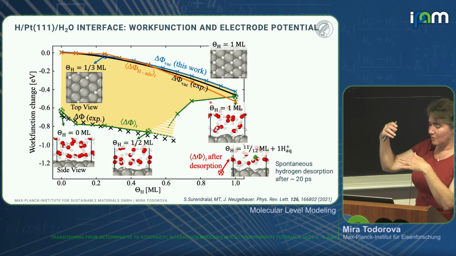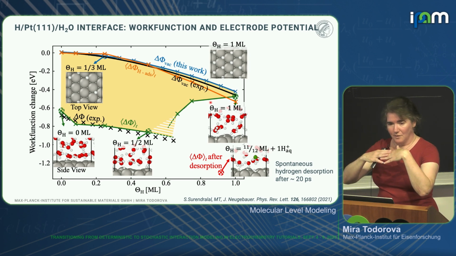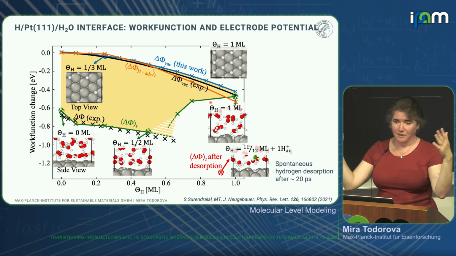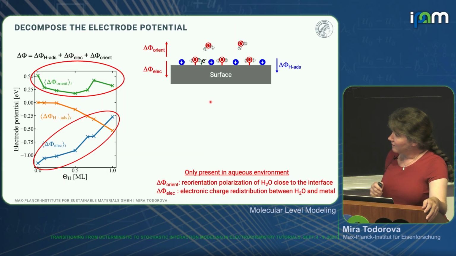So this kind of adsorption of hydrogen to the surface is very similar whether we are in aqueous environment or whether we are in the vacuum environment. Then the other two contributions that are related to water are on one side this adsorption of water on the surface and then the reorientation of water.